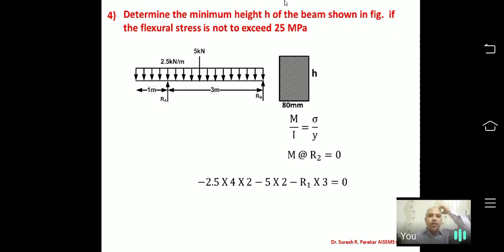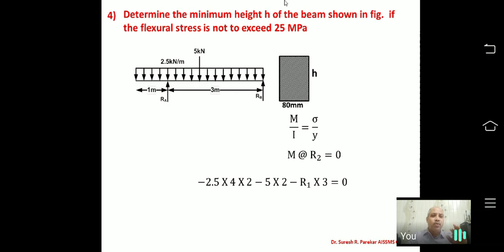So at the right support we have a total UDL of 4 meters. So 2.5 into 4, where it will act at the center, and into 2. We need not worry about the reaction at 1 meter, that is in the upward direction. We are talking about the UDL, which is the upper part, and there 2.5 into 4 will act at the center, 2 meters.